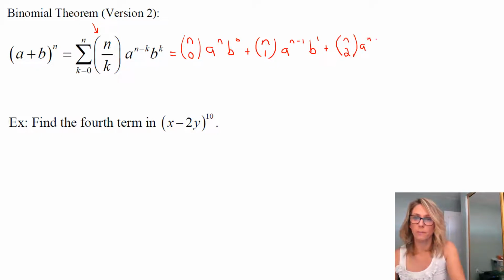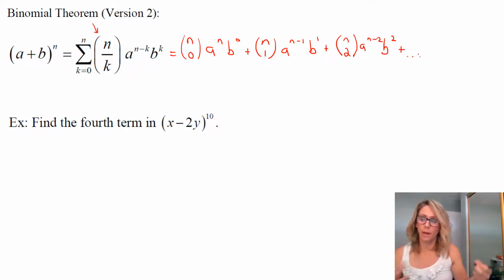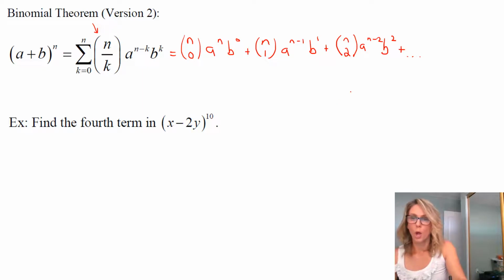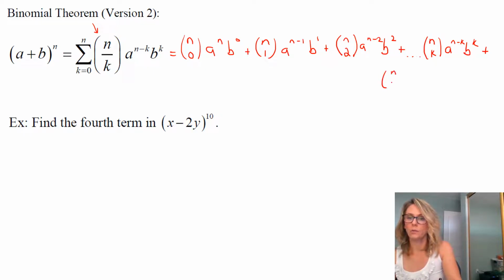So a to the n minus 2, and b is going to go up in degrees. So here we have this. And we just keep going like that until essentially we're done. But we have n choose k, and that's going to be a to the n minus k. That's kind of the general idea here. b to the k, and then the last term will be n choose n.